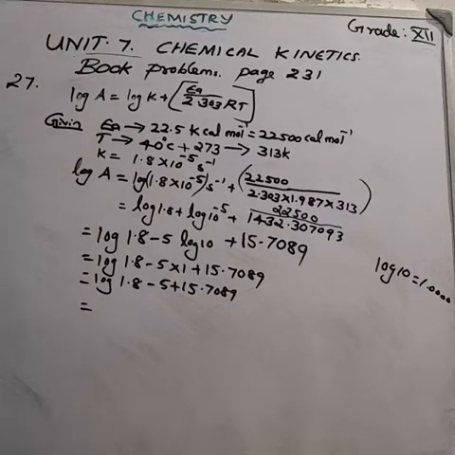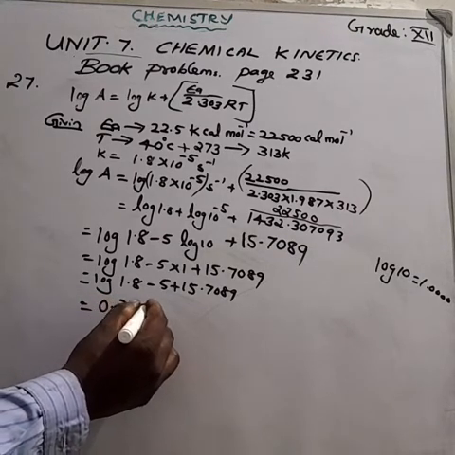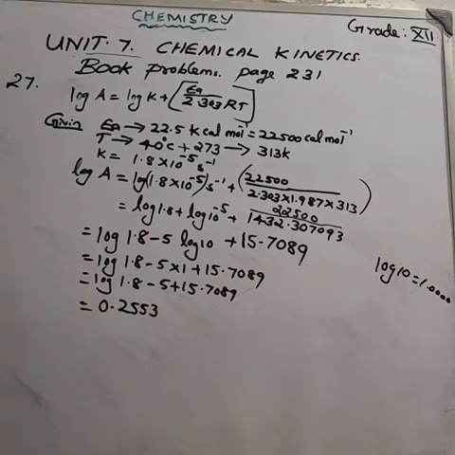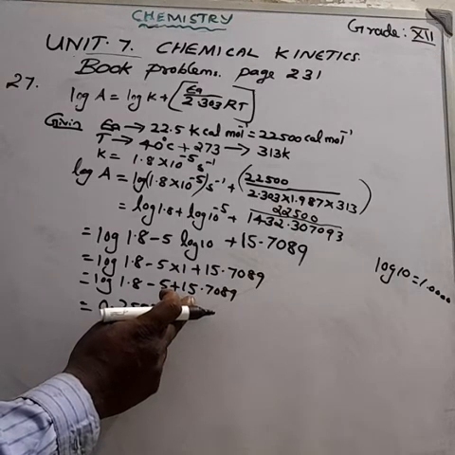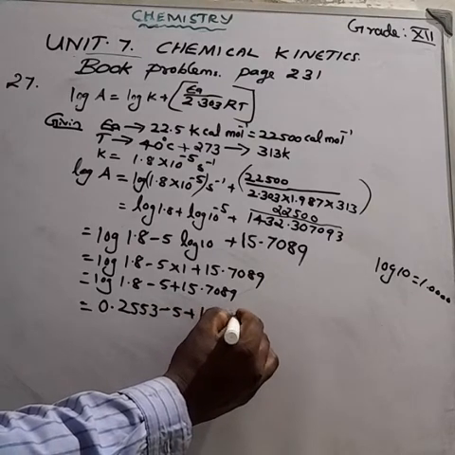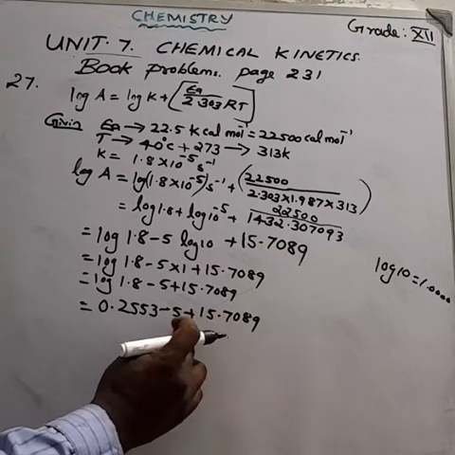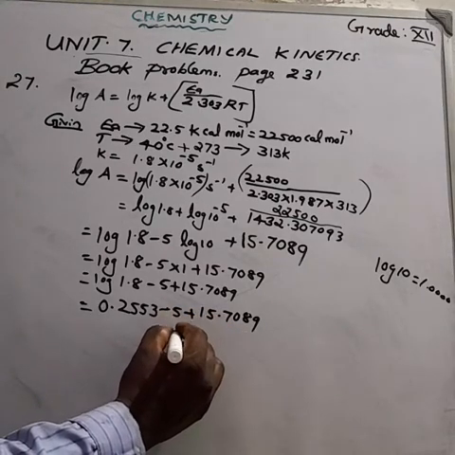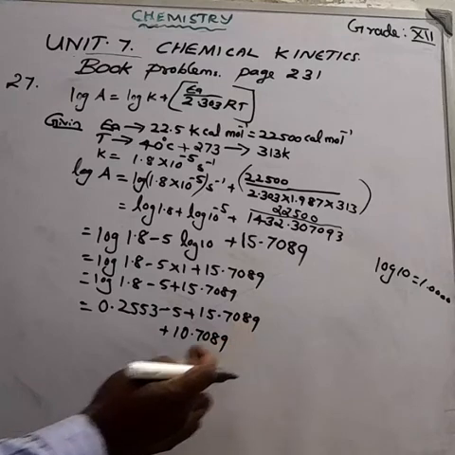Log 1.8, the characteristic is 0 and the mantissa is 0.2553. So 0.2553 minus 5 plus 15.7089. 15.7089 minus 5 gives 10.7089.